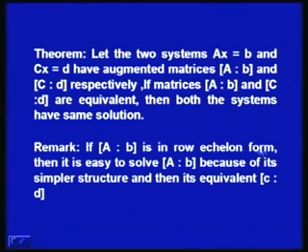So, if [A|B] is in row echelon form, then it is easy to solve because of its simpler structure, and then it is equivalent to [C|D]. So, this system is simpler and that is why it is better to reduce the system of equations into row echelon form. This is the basic concept behind the elimination method which we will be using.